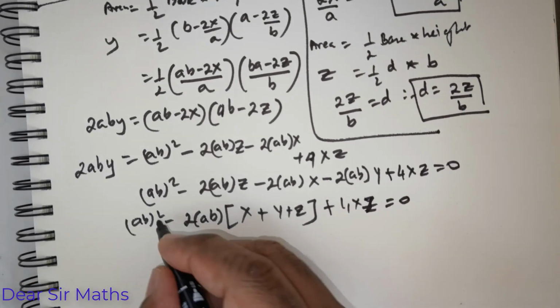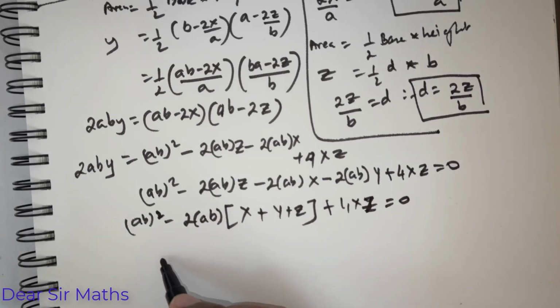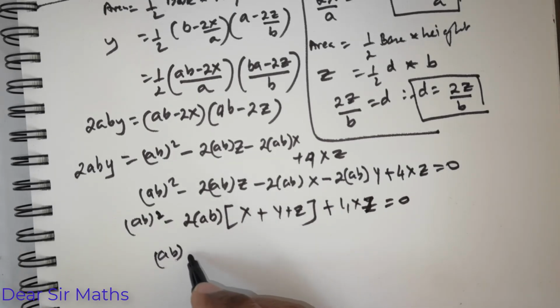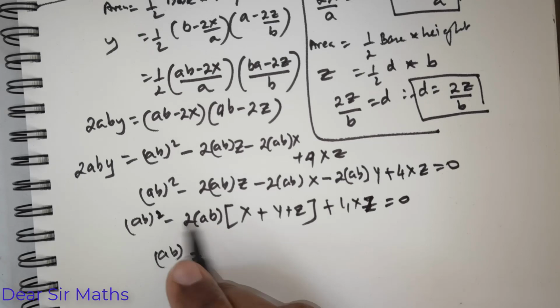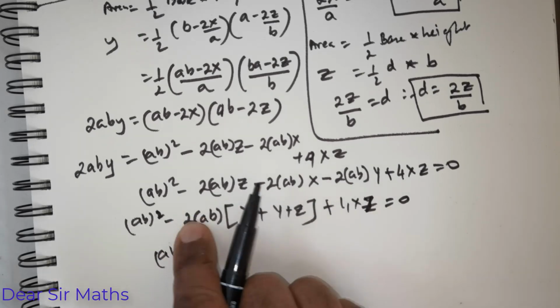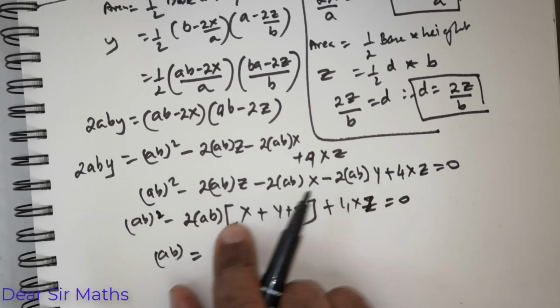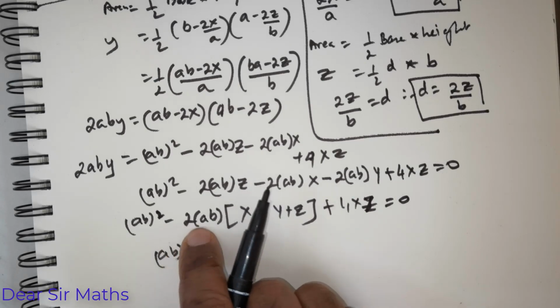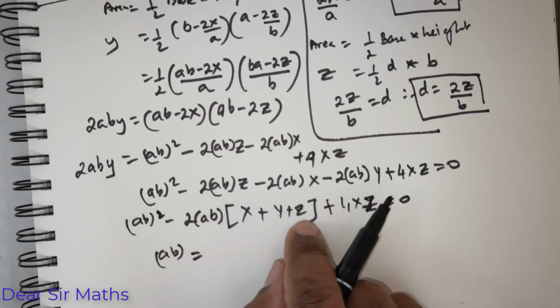Now as I mentioned to you, this is a quadratic in AB, so use the quadratic formula. So you get AB is equal to negative B. This is my B term. Without the presence of AB, we need to include every other term.